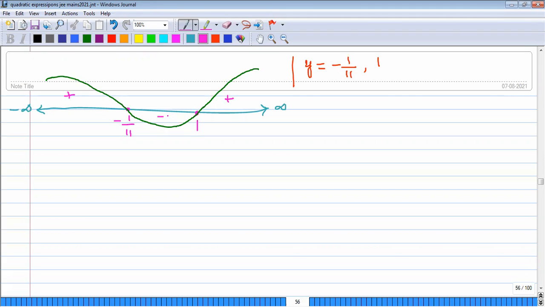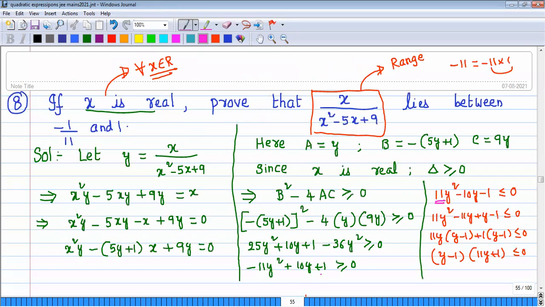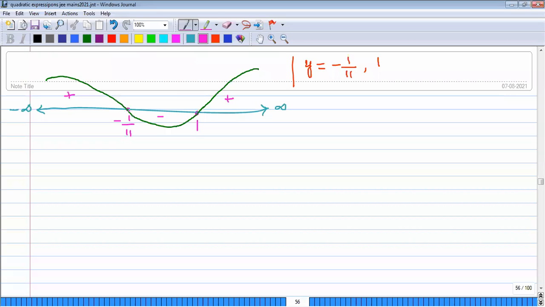That means we want less than 0 for the y value, so in between, and also equal to 0 is there. So that means both are included. This is included and 1 is also included. So therefore, what do you write now here? That implies minus 1 upon 11 less than or equal to y, y less than or equal to 1.